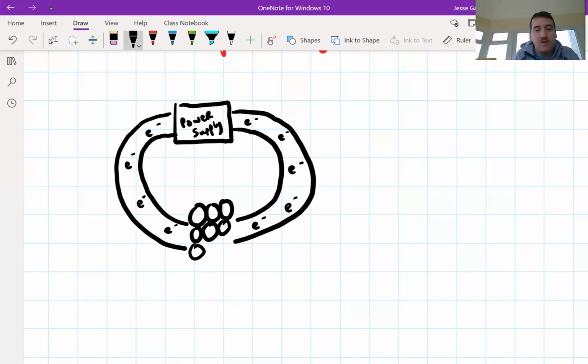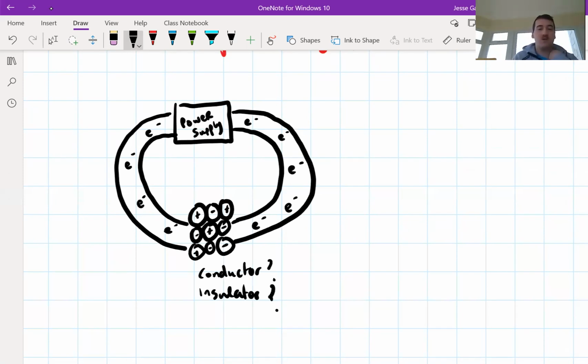We have positive and negative charges like this. The question is, can it conduct electricity? Is it a conductor or is it an insulator?